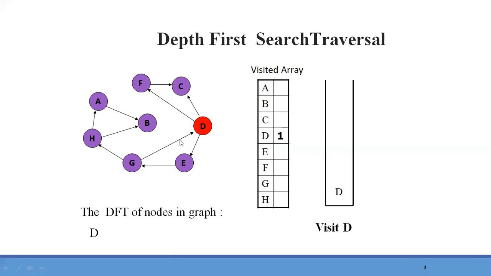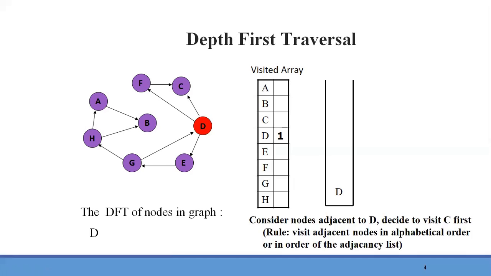After this, the next step is to check the nodes which are adjacent to this visited node. But as it is a directed graph, we need to check whether a direct path from node D is available to its adjacent node or not. So in this example, node C is adjacent to D, with a direct path from D to C. Similarly, node F is also adjacent to node D. Node E is also adjacent.